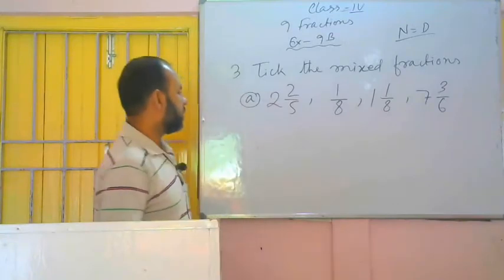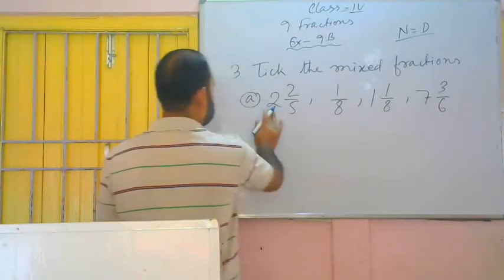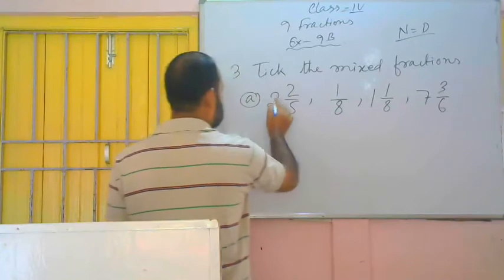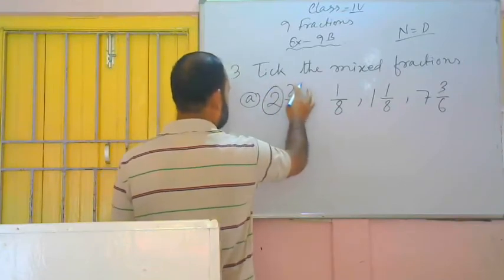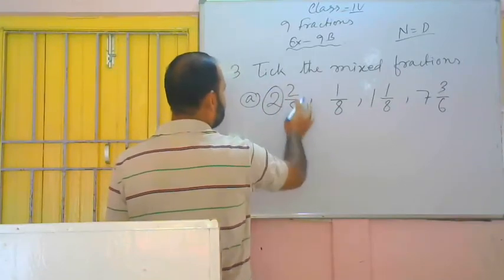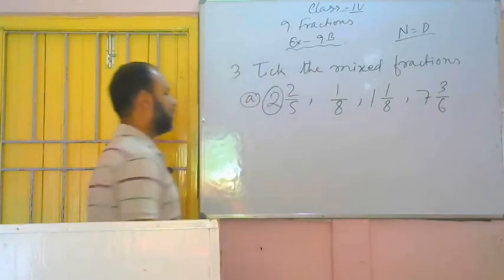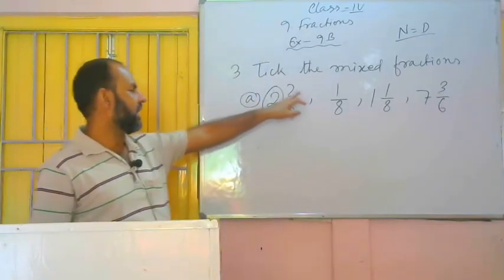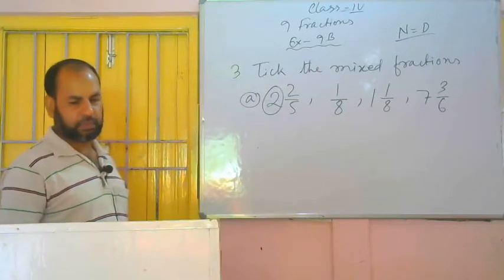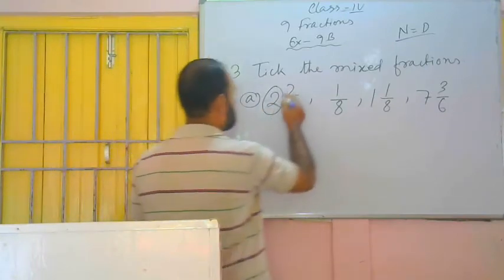In this first fraction, 2 is the whole number and 2/5 is a proper fraction. So this fraction is a mixed fraction.